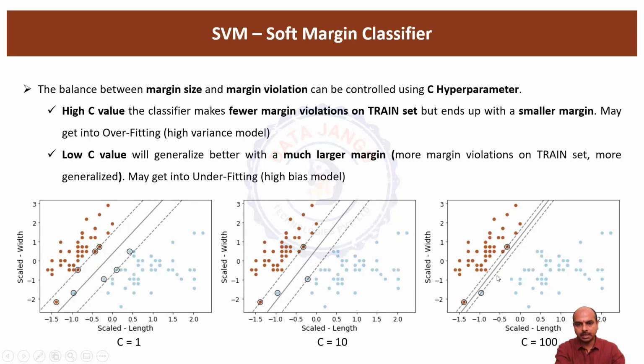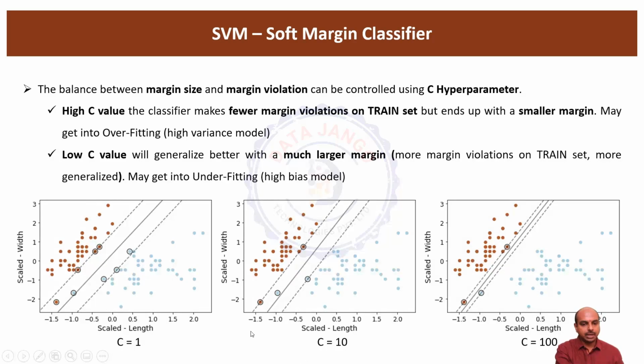If you look at the diagram, all the points are on the right side: all the pink points are on the top and all the light blue points are on the bottom. That means it is giving 100% accuracy here. But on the test set, there is no guarantee because the margin is so small. So when C is high, the margin becomes so small and the model may overfit.